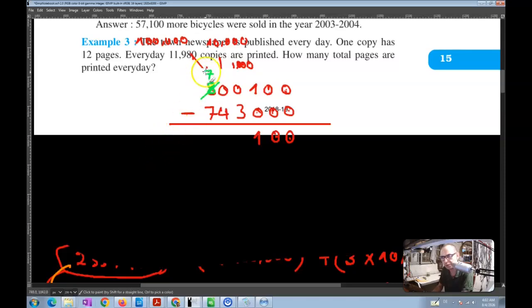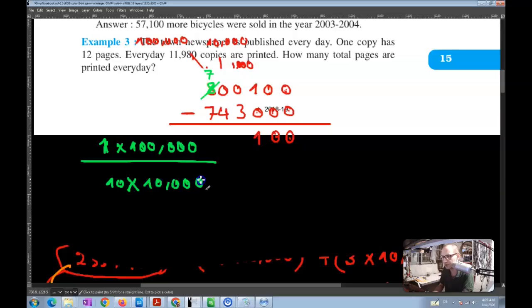So now I have this one group of 100,000, and I want to break it up. If I break this up, how many groups of 10,000 will I get? I will get 10 groups of 10,000, right? 10 times 10,000 is 100,000.